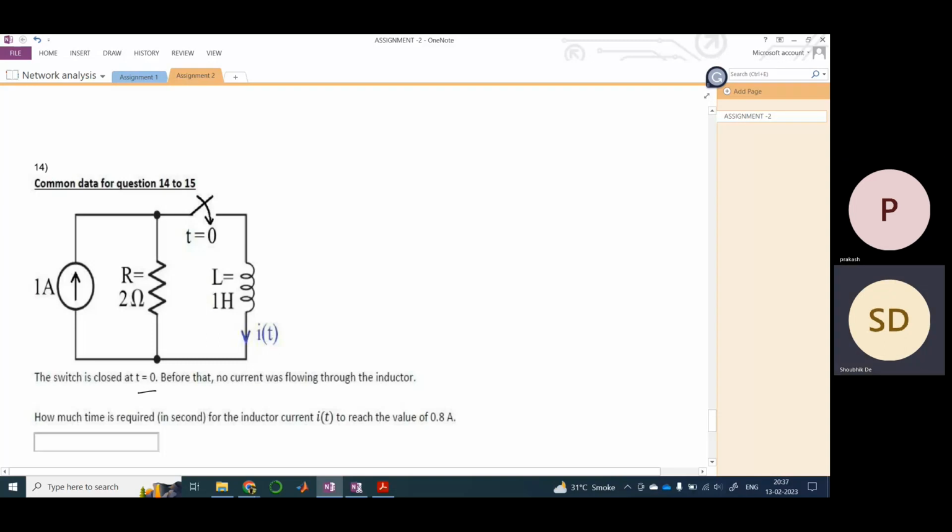Hence if the initial current is 0, the inductor acts like an open circuit, very simple. So IT equals IL of t, and IL of t at t equals 0 would be 0.